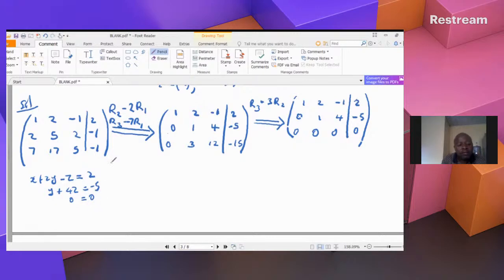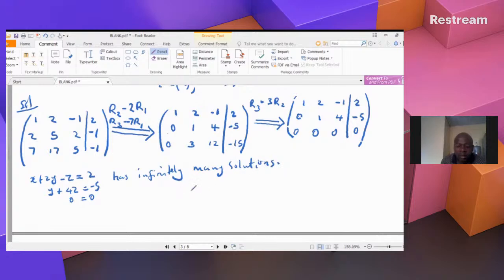So this system has infinitely many solutions.